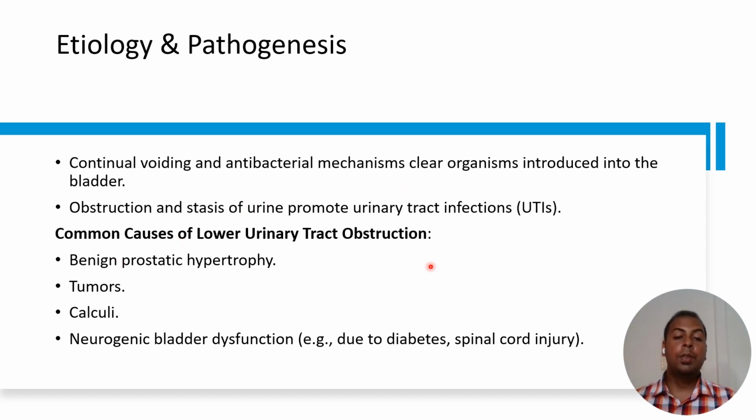Some causes of lower urinary tract obstruction that could predispose to UTIs: we have BPH, which is a common condition in elderly males. Tumors could cause compression. Kidney stones, calculi, could cause urinary obstruction. And neurogenic bladder, as a result of diabetes or spinal cord injury, could cause obstruction and predispose to UTIs.